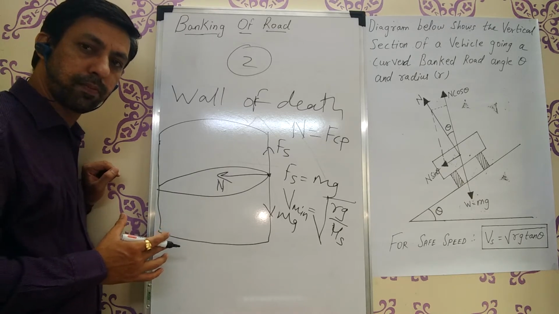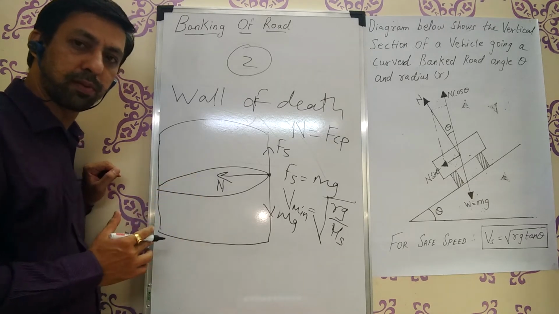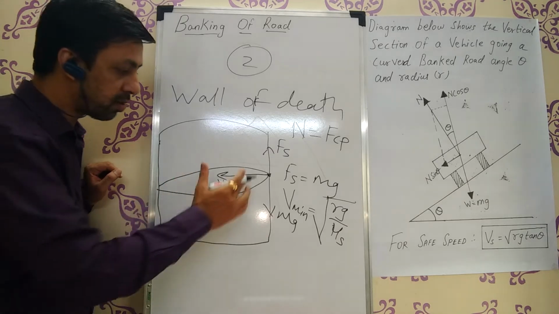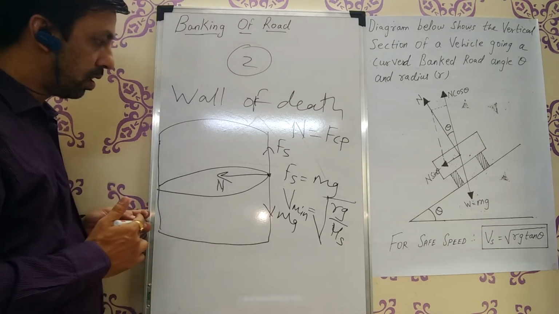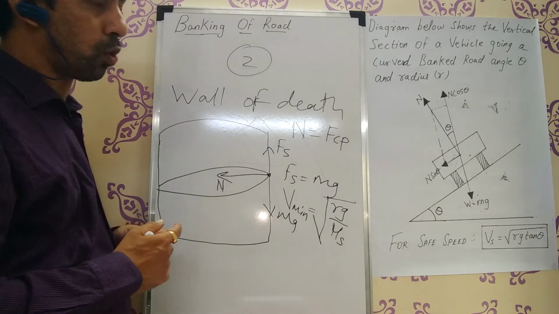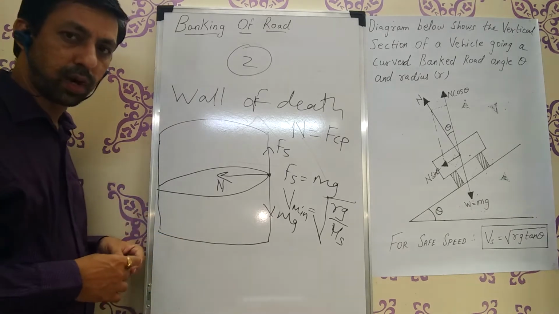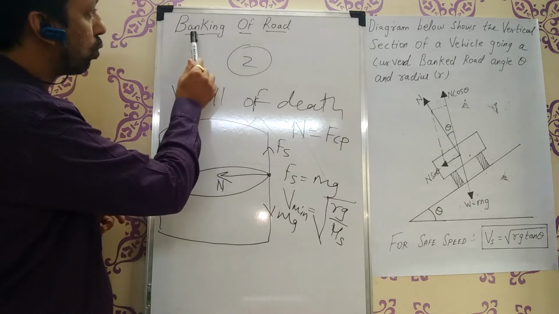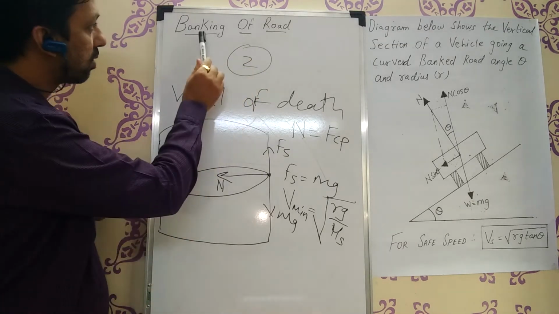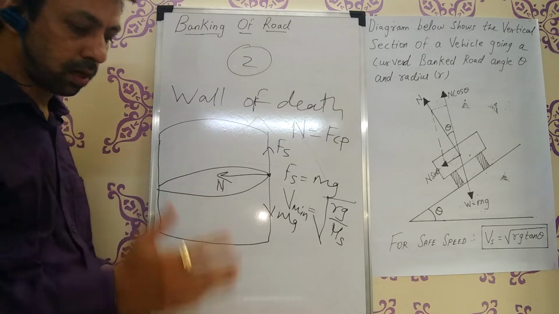That means here we only get the minimum speed of an object because it is moving along the cylindrical curved surface. So in order to overcome these two disadvantages of these two applications, we require the banking of road. That is, we have to bank the road.